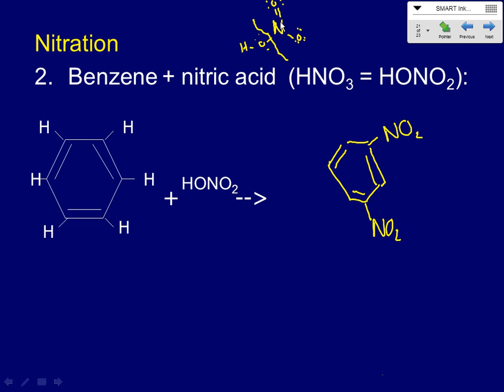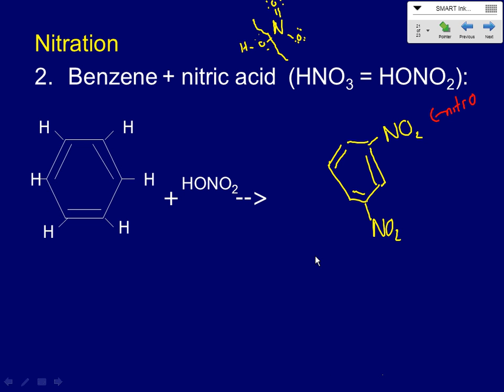And the resonance of this NO2 feeds into the benzene ring. The delocalized pi bond goes all the way out into the N's and the O's as well. It actually makes it stronger. Anyway, this is nitro. That's called a nitro group.